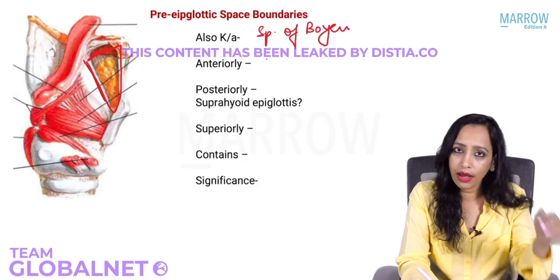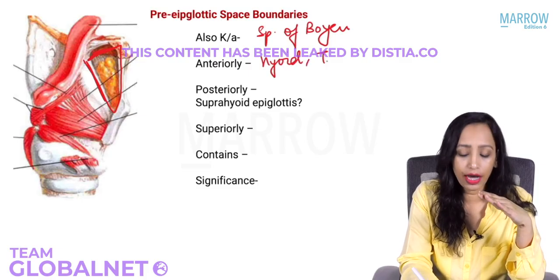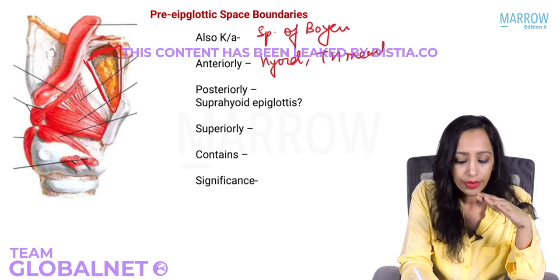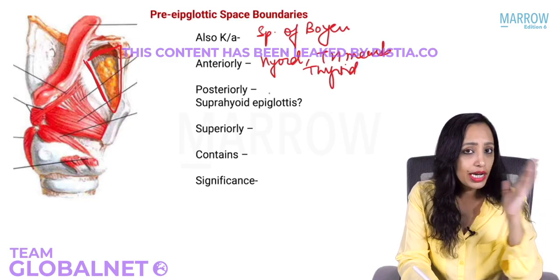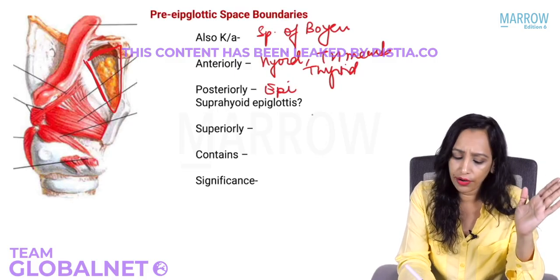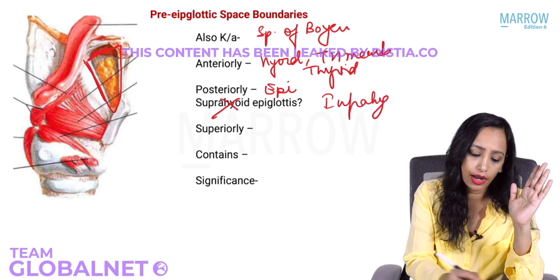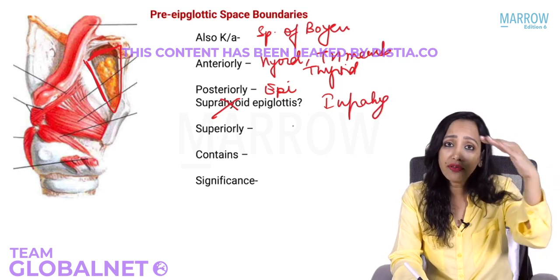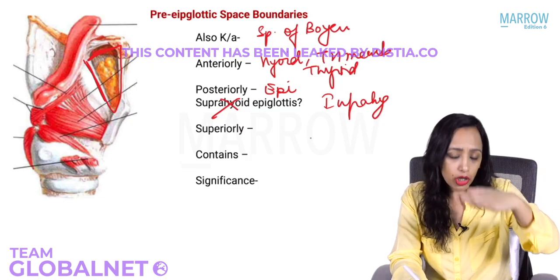Starting from above, we have the hyoid, the thyrohyoid membrane, and the thyroid. Posteriorly, we have the epiglottis, which is not suprahyoid, it is infrahyoid. Superiorly, it is limited above by the hyoepiglottic ligament.